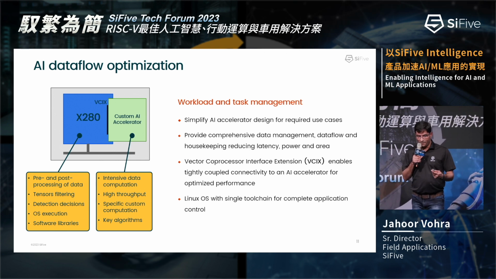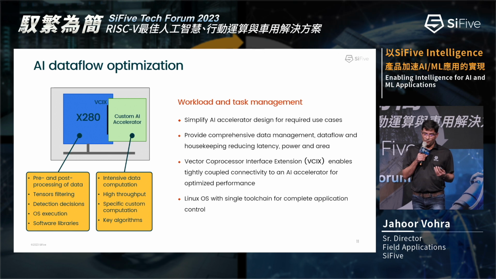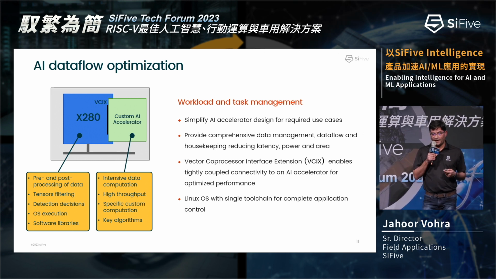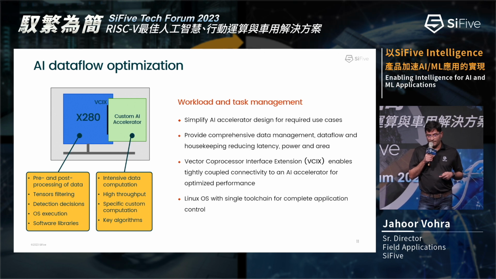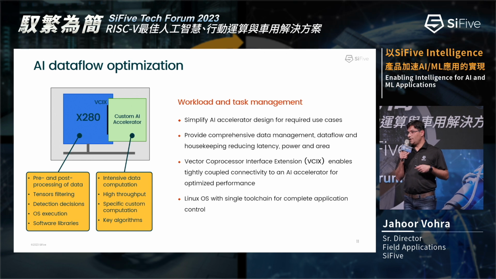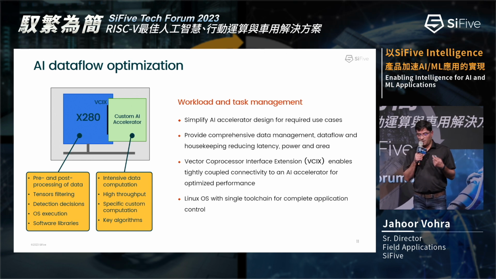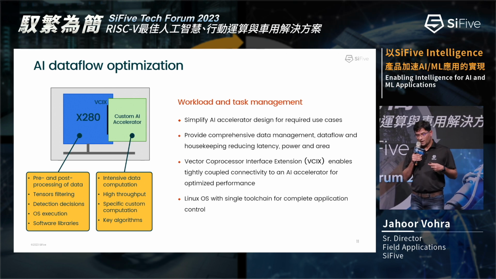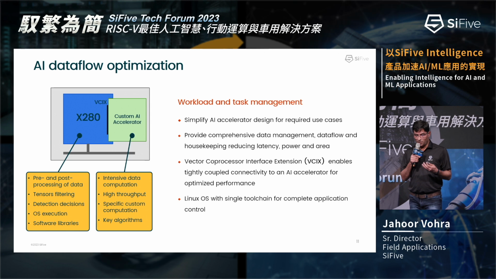Again, this is going into more detail in terms of how the X280 with the vector core processor interface can be deployed for AI markets. Typically, when they're deploying hardware accelerators, they're doing matrix multiplication operations or systolic arrays, which are fit for doing convolution.